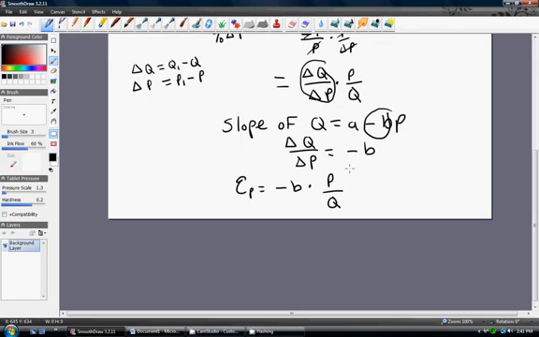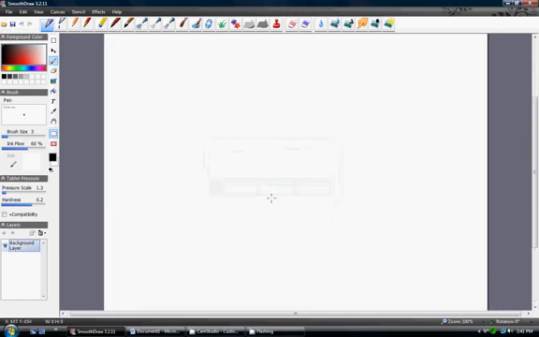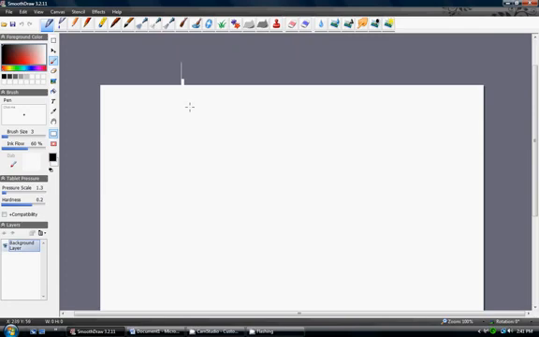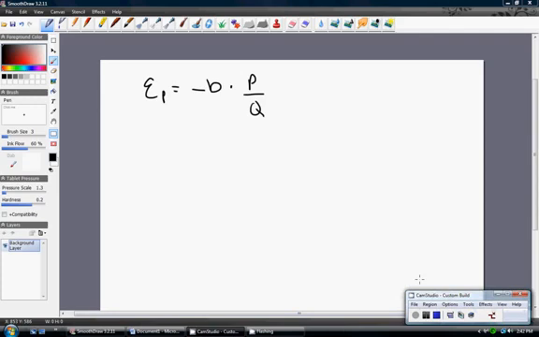All right, let me get a fresh page here. Okay, so just to reiterate then, the price elasticity of demand is given by the following expression. Now you might be wondering how this relates to calculus.